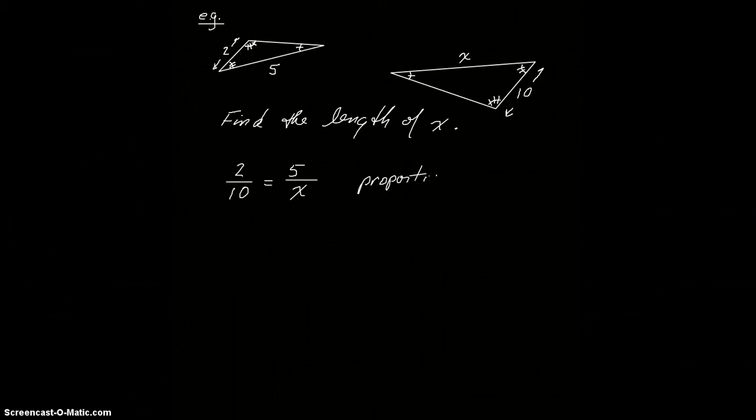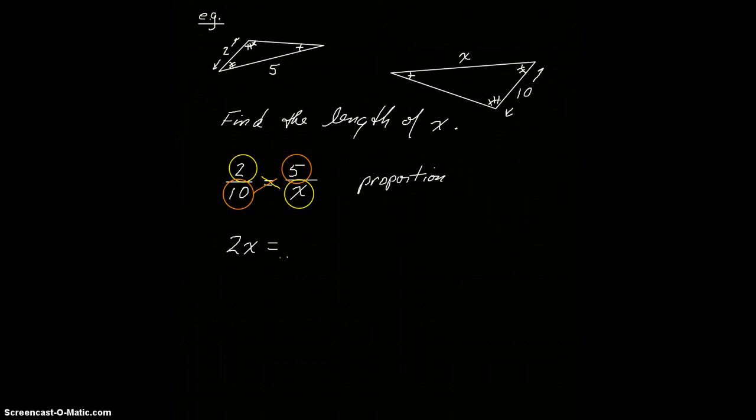And we know how to solve these using cross multiplication. Remember, we would take 2 and multiply it by what's across from it, x. So we'd end up with 2x. Bring down the equal sign, right? We always bring down the equal sign. And then I'm going to take 10 and multiply it times 5. So that's cross multiplication.